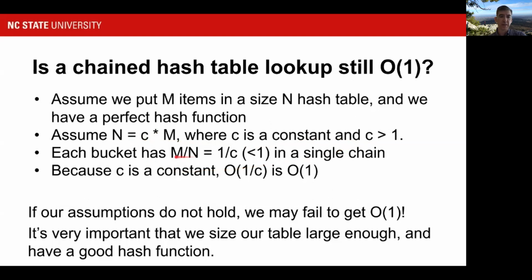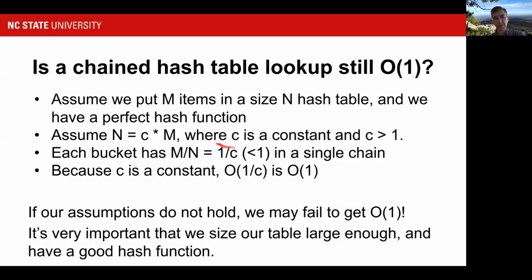So each bucket is going to have n divided by m items, and that's going to be equal to 1 over C. And this ratio, 1 over C, has to be less than 1. What that means is that in any given bucket, I'm going to have less than 1 operations, on average, to find an item in that chain. If all of that works out to be true, then we have very efficient access.